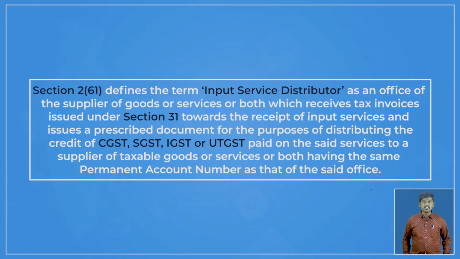Section 2 subsection 61 defines the term input service distributor as an office of the supplier of goods or services or both, which receives tax invoices issued under section 31 towards the receipt of input services and issues a prescribed document for the purpose of distributing the credit of CGST, SGST, IGST or UTGST paid on the said services to a supplier of taxable goods or services or both having the same permanent account number as that of the said office.